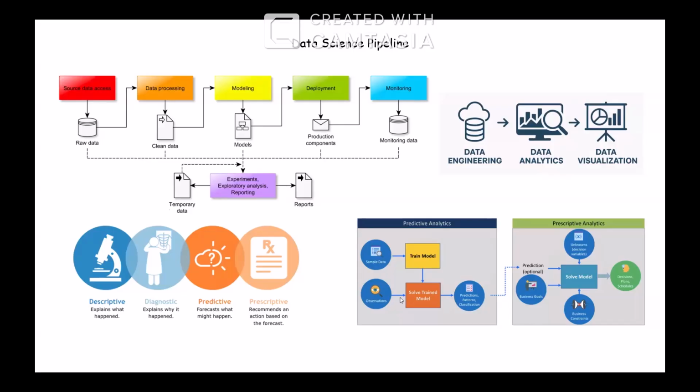That is what we call diagnostic analytics. Then in the third phase, predictive analytics, we try to find out what might happen in the future. And prescriptive analytics is used to make recommendations out of the predicted results.